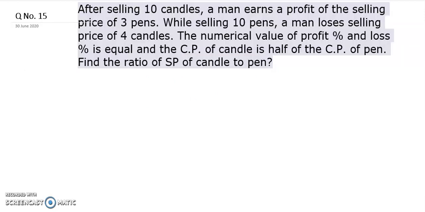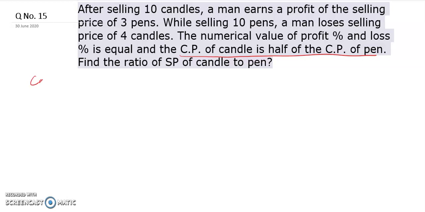Question number 15. After selling 10 candles, a man earns a profit of the selling price of 3 pens. While selling 10 pens, a man loses selling price of 4 candles. The numerical value of profit percent and loss percent is equal, and the CP of candle is half of the CP of pen. Find the ratio of SP of candle to pen.